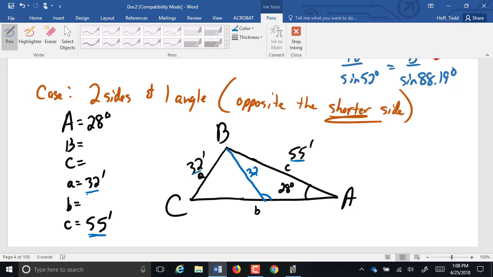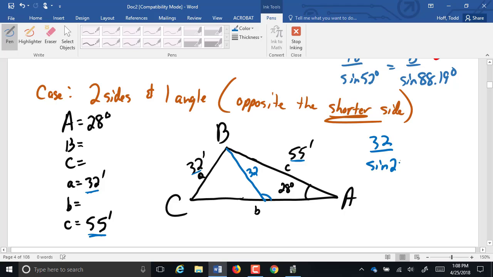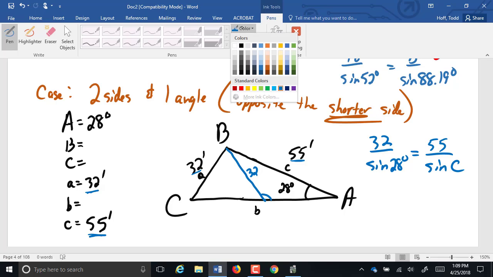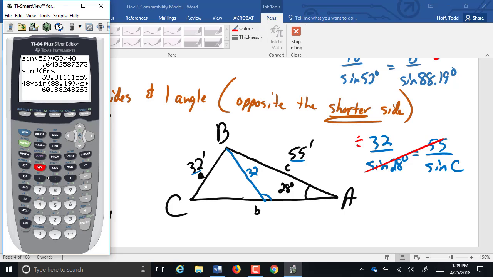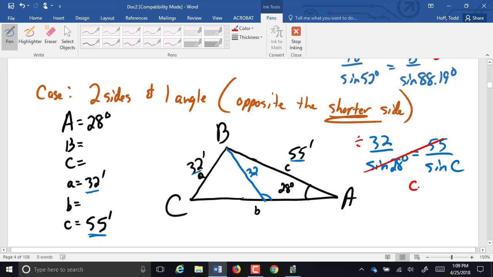When we set this up, we're going to have 32 over the sine of 28 degrees equals 55 over the sine of C. And we're going to cross multiply and divide. Sine of 28 times 55 divided by 32. 0.8069.